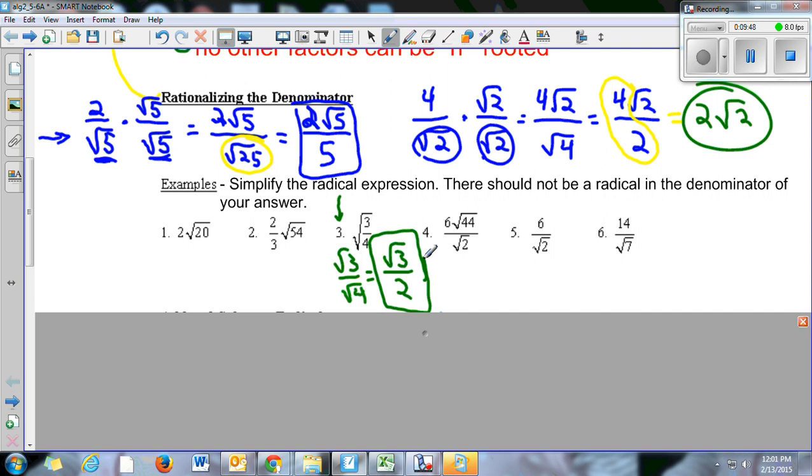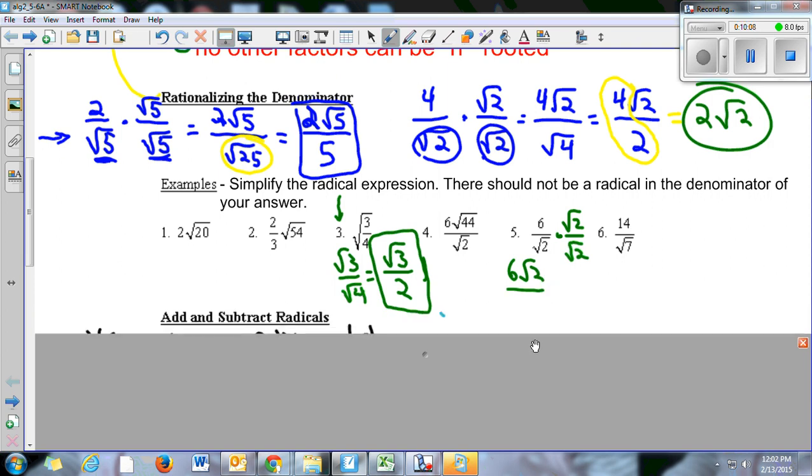Let's check out something like number 5, because I've got a radical in my denominator. So I need to multiply by a fraction. Square root of 2 is in my denominator. That's what I multiply on top and on the bottom. We'll probably talk more about that in class as well. So I've got 6 times the square root of 2 divided by the square root of 2 times the square root of 2.